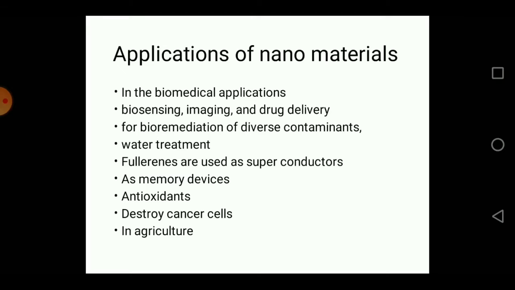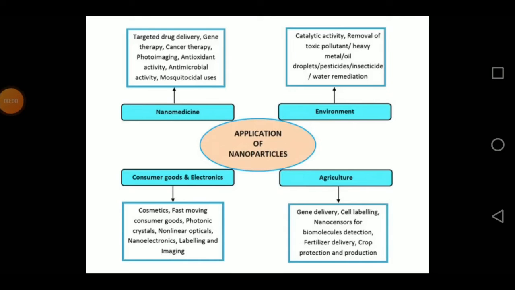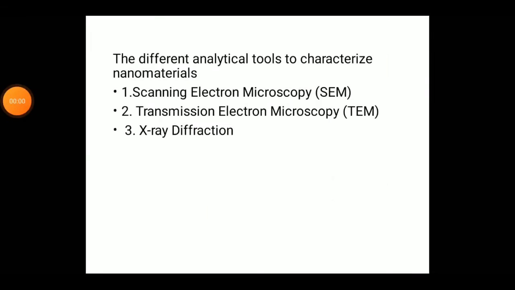And also nanotechnology finds applications in agriculture to improve seed germination, for the protection of plants, for the growth of plants, to control diseases, to absorb nutrients, and also for pathogen detection and residue detection of pesticides and herbicides. So these are the various applications or uses of nanoparticles or nanomaterials. So with this, we'll complete the chapter of nanochemistry from the second unit.